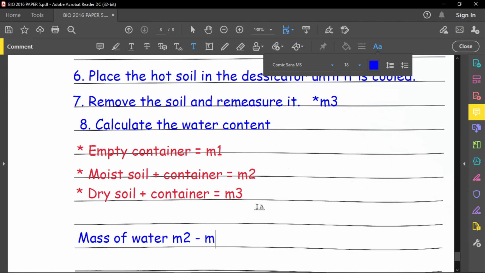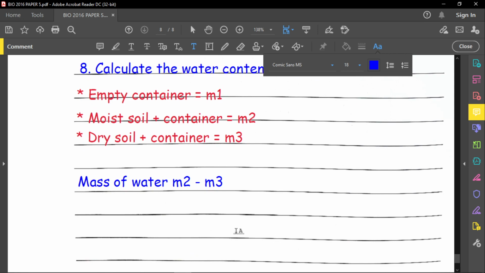And what you can do as an interesting calculation is to calculate something different. You can also calculate the percentage water content. How do we do that? Look at the difference in terms of the masses.